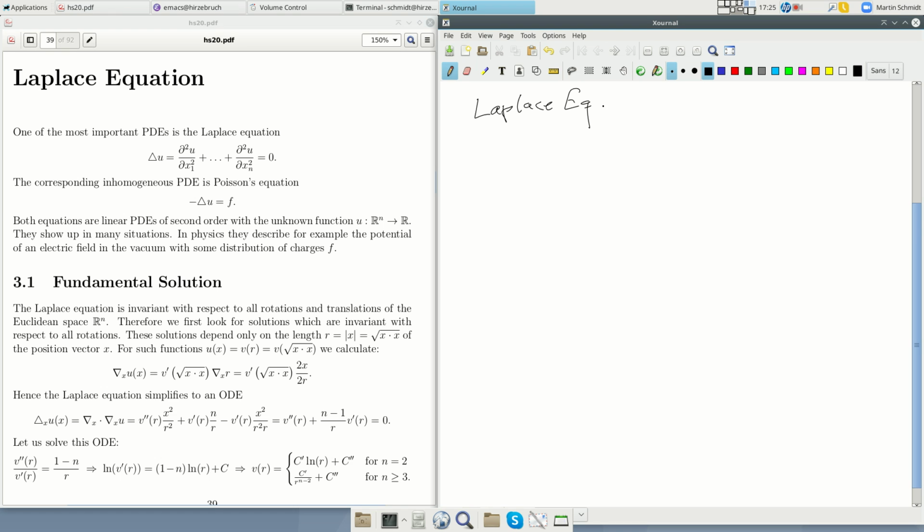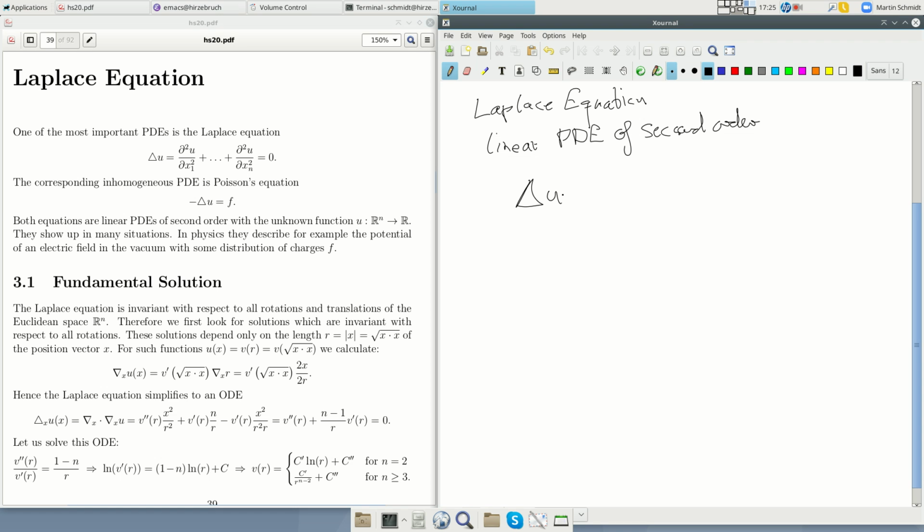The Laplace equation is a linear PDE of second order. We already introduced it, and so let's write it.